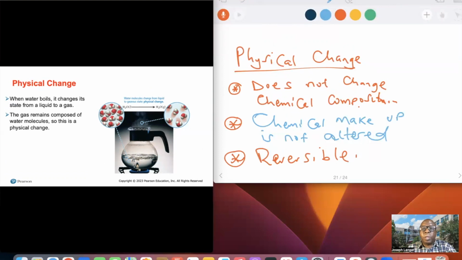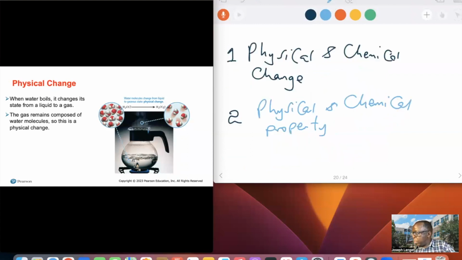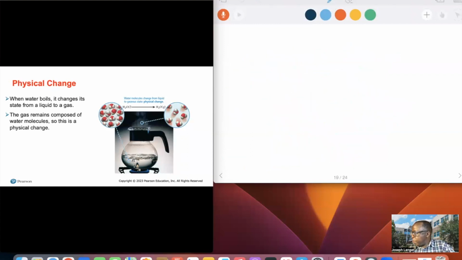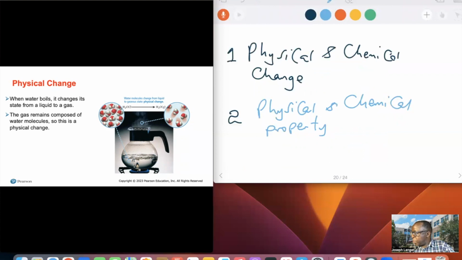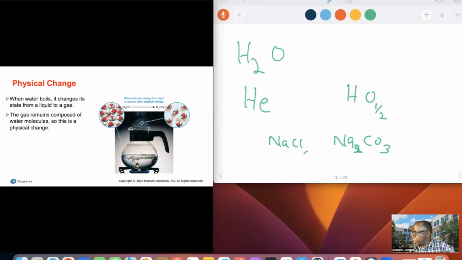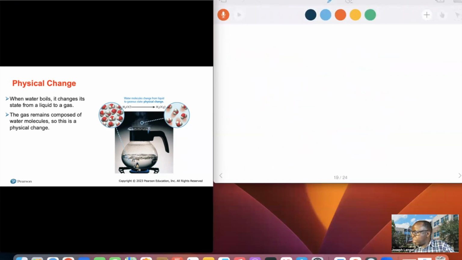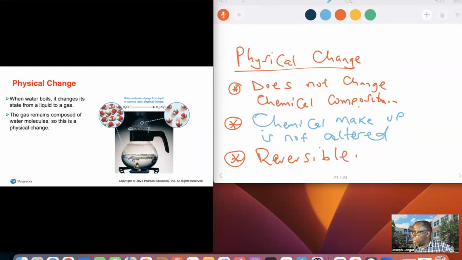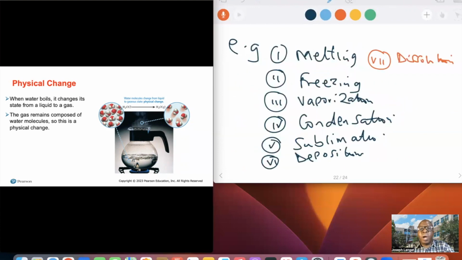Remember what I said earlier on when I was giving you the states of matter. There were 6 changes of state, which I do have here, by the way: 1, 2, 3, 4, 5, 6. All those fall under what?